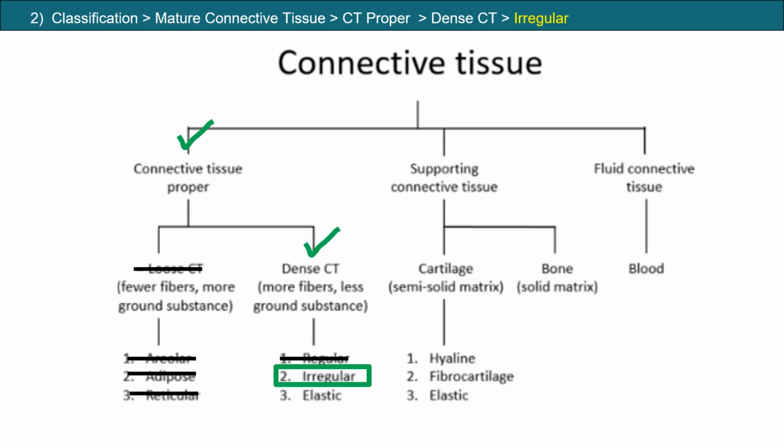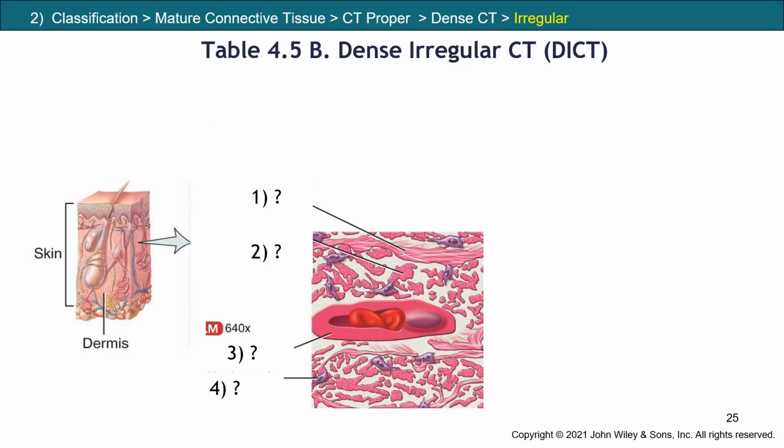So we finished the regular connective tissue, and it was very clear that there are more fibers and less ground substance. Here you can see again the picture of the skin, because in addition to this subcutaneous area, which has areolar connective tissue, in the dermis, the region above, you will have another type of connective tissue that is dense but irregular.